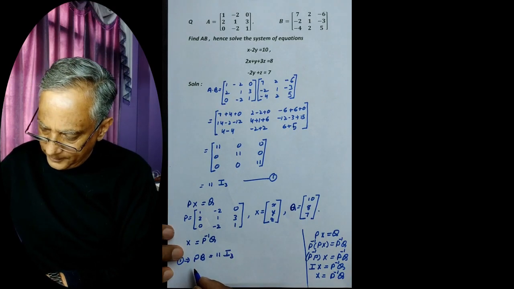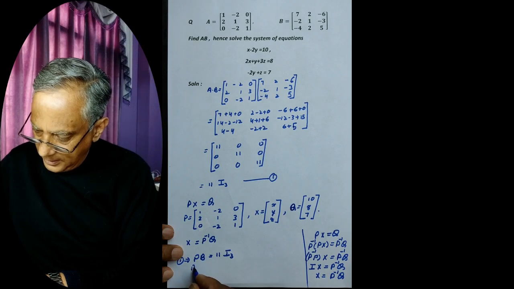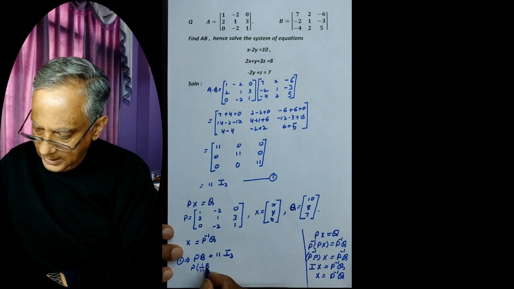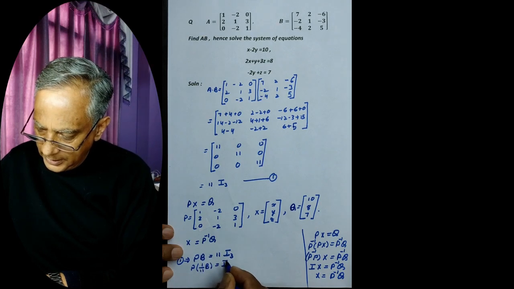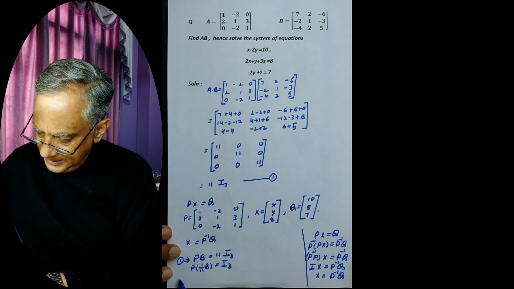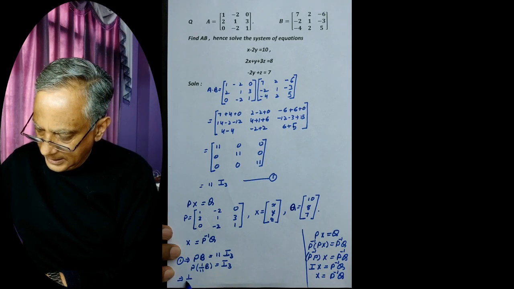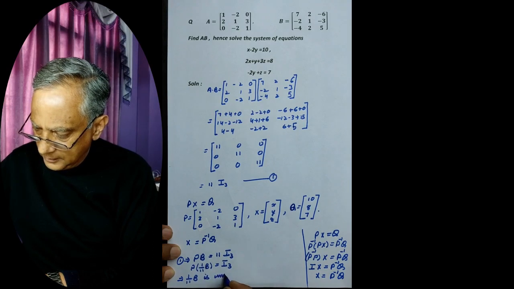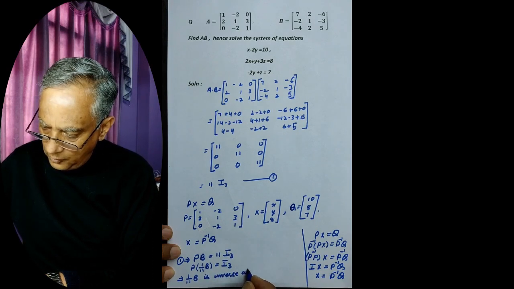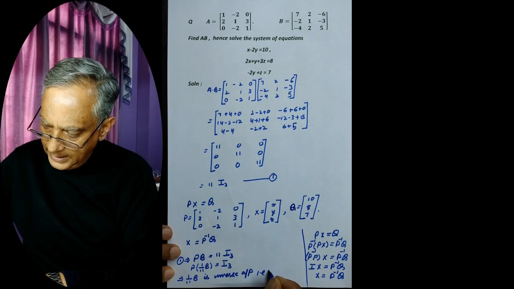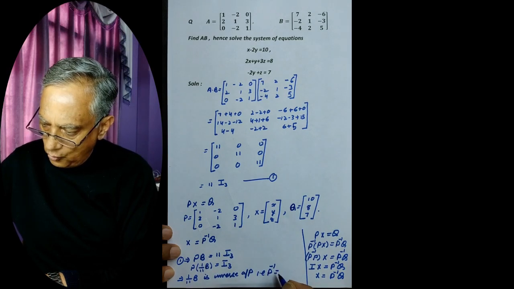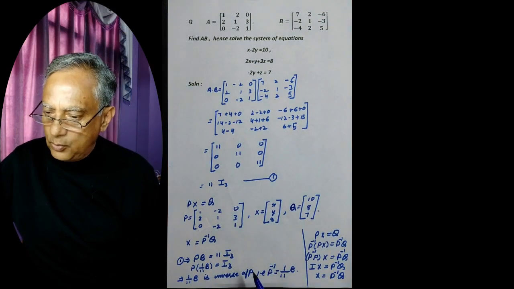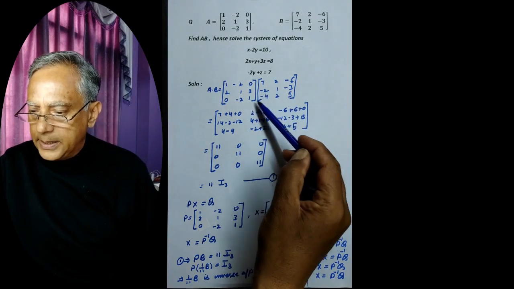And therefore P into 1 by 11 B is equal to I3. This implies 1 by 11 B is inverse of P. That is P inverse is equal to 1 by 11 B. So P inverse is 1 by 11 of this matrix.